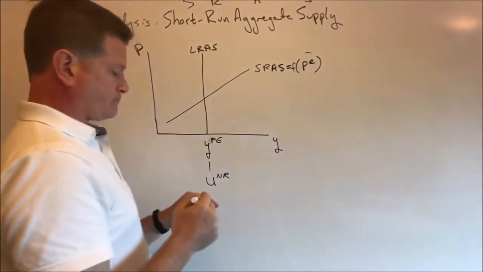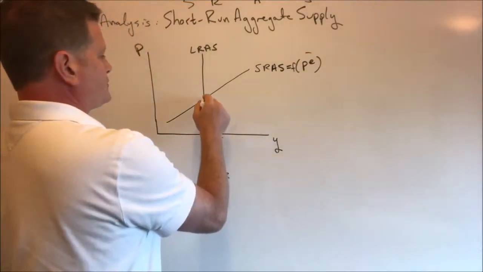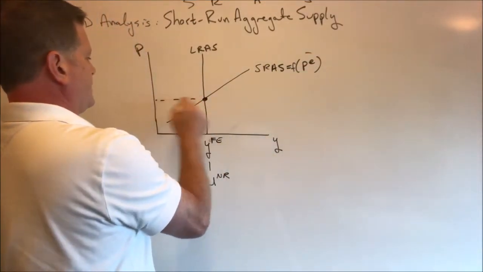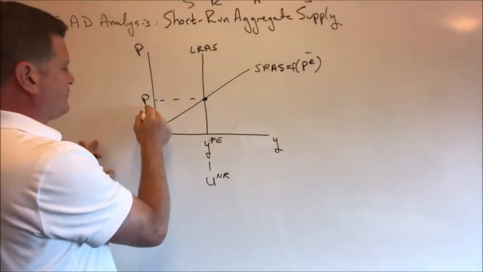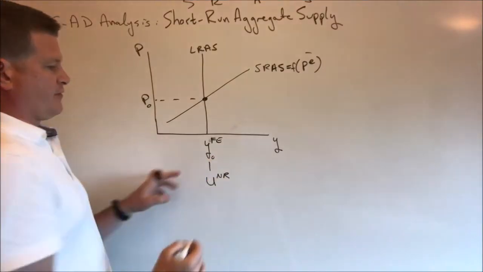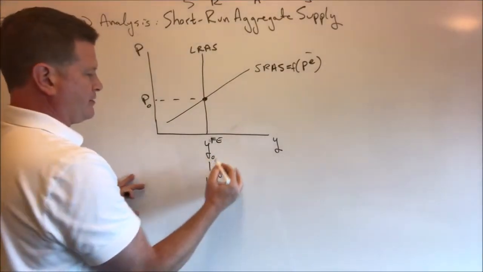Now, suppose the economy is in equilibrium here. This is the initial price level, this is the full employment output, and your initial starting point.